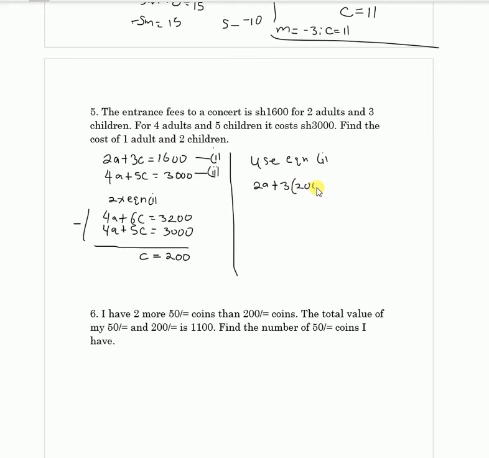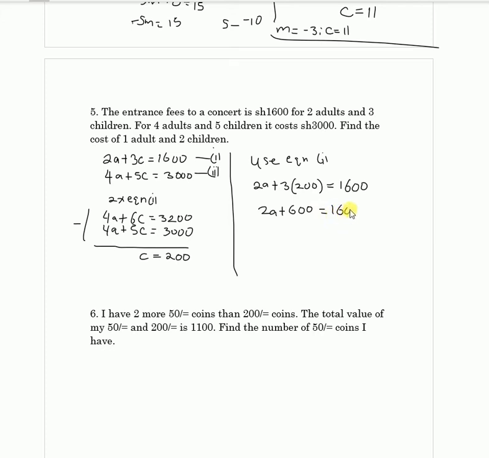So 2a plus 3 times 200 is equal to 1600, such that 2a plus 600 is equal to 1600.